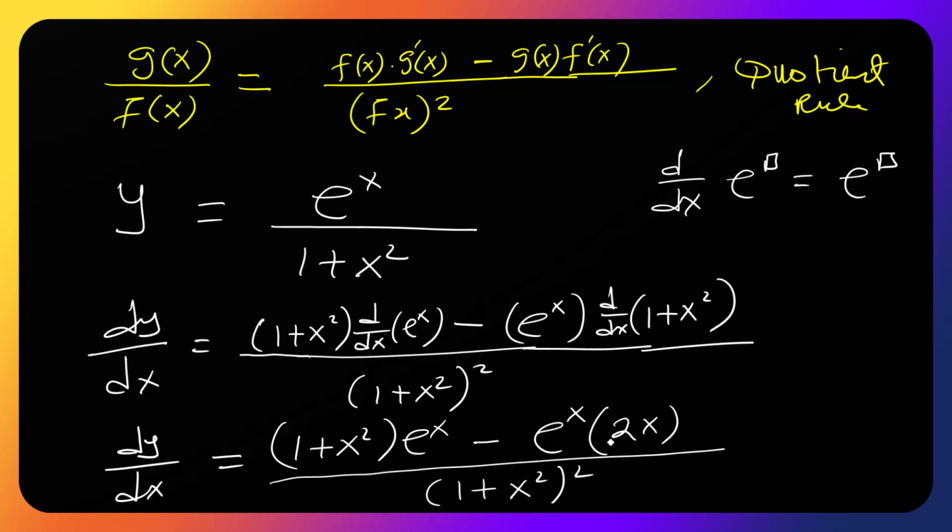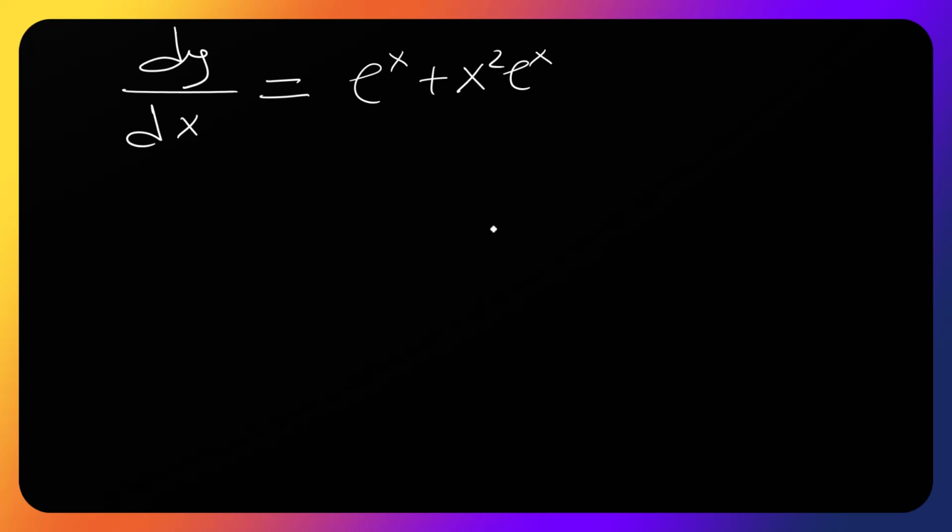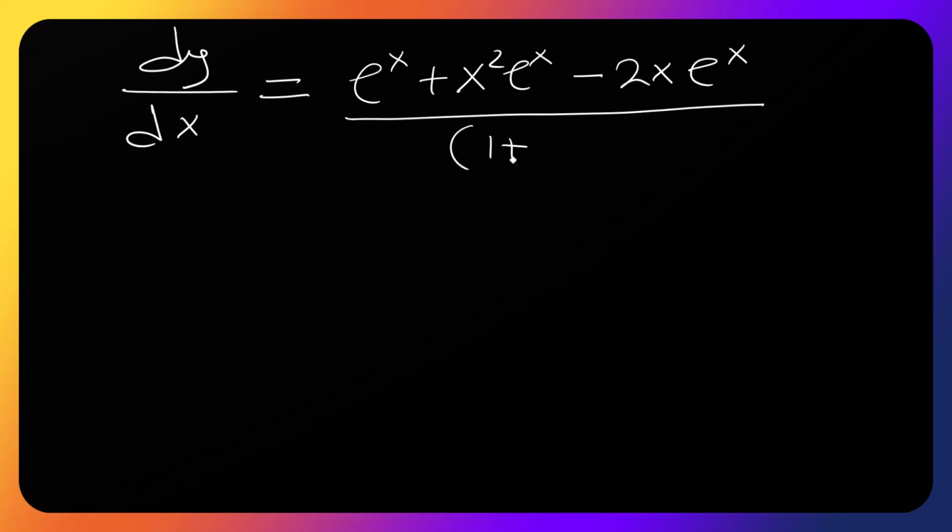That will be minus 2x e to the power x, over 1 plus x squared all squared. Let's deal with the numerator.